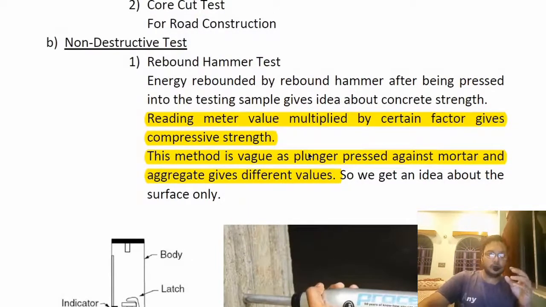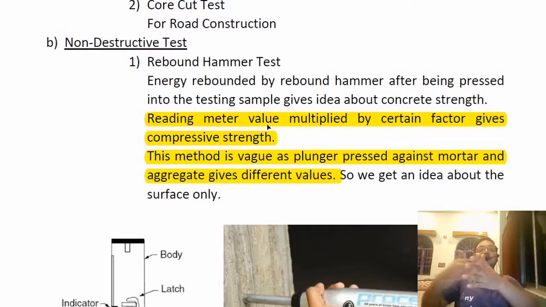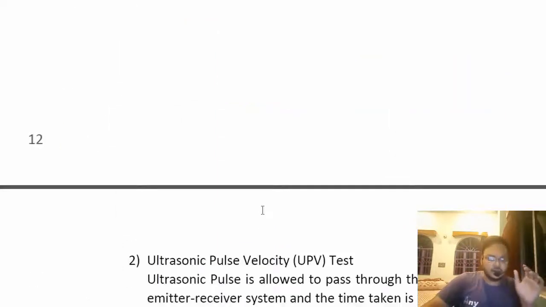One might get confused that the strength cannot vary so largely between two elements. Like in one part of the beam you are pressing it is giving a value of 20, and in another part it is giving a value of 10. That will create confusion. So this test is considered vague.